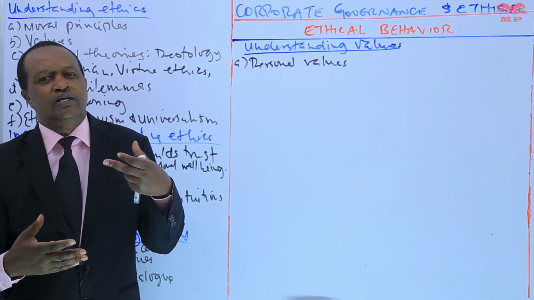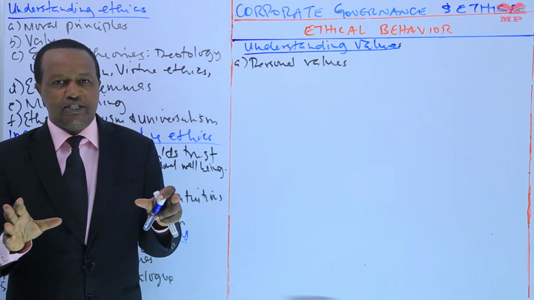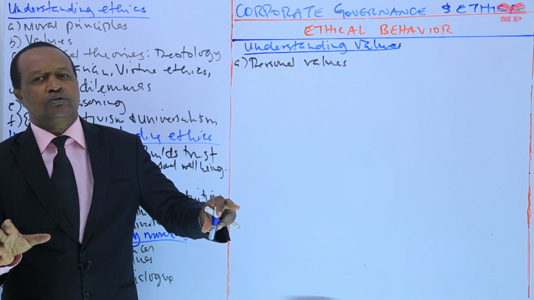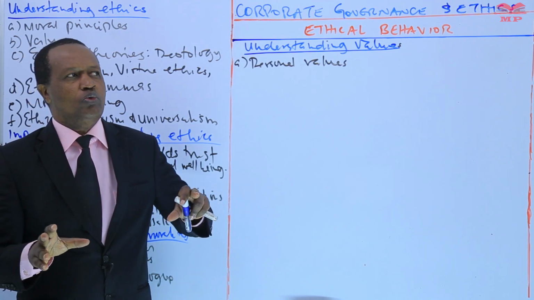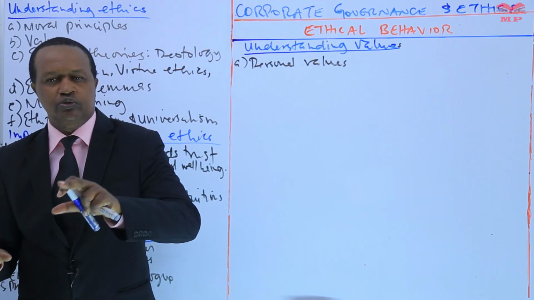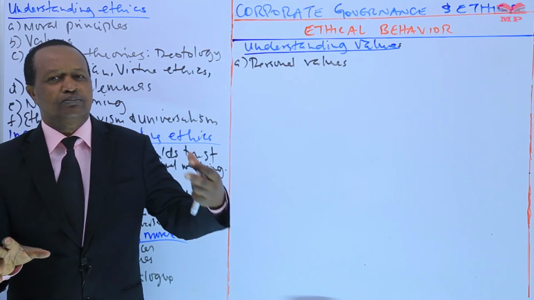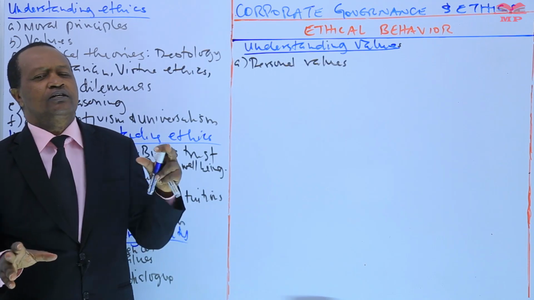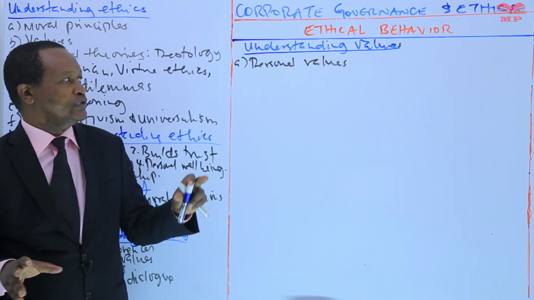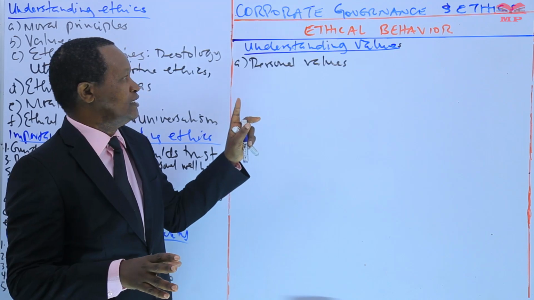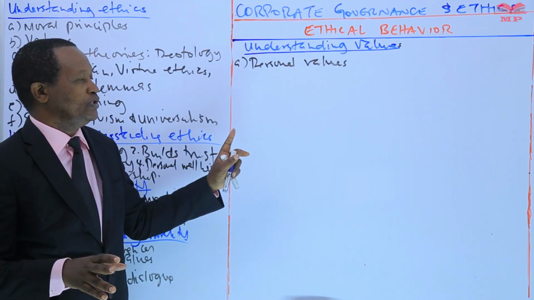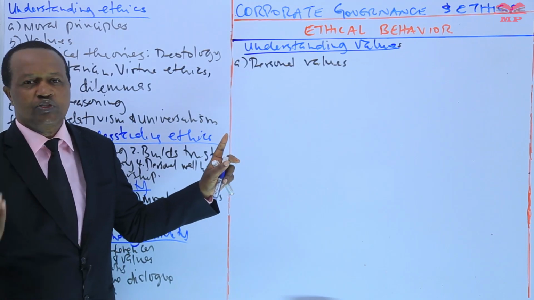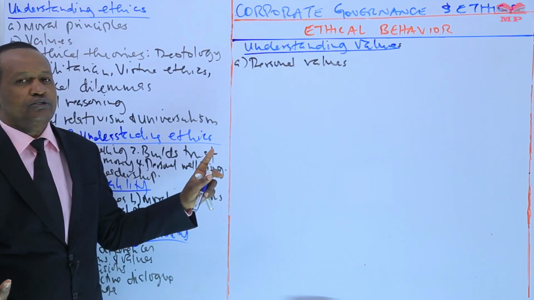Personal values can vary widely from person to person, but common examples of values include integrity, respect, honesty, and so on. So, in understanding values, we need to have the knowledge of personal values, which are individual beliefs and principles.